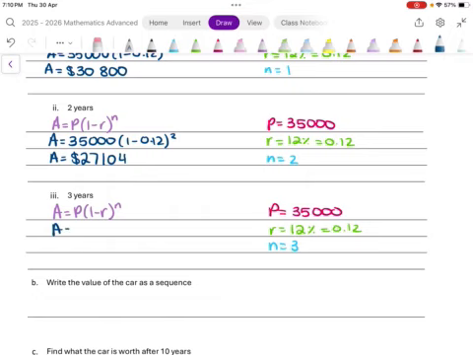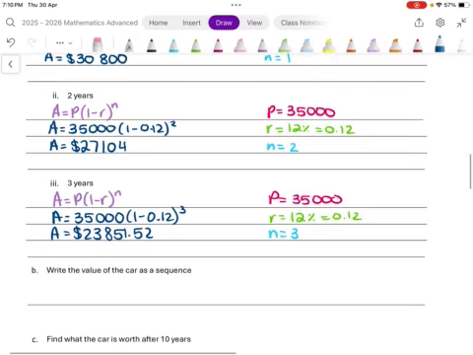We'll have A equals 35,000 lots of our 1 minus our 0.12, all to the power of 3. Put that into your calculator to get $23,851.52 at the end of our third year. That's what our value will be.